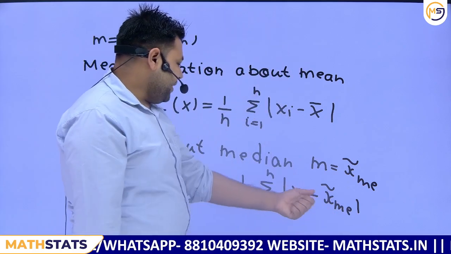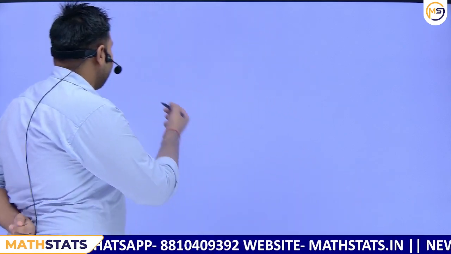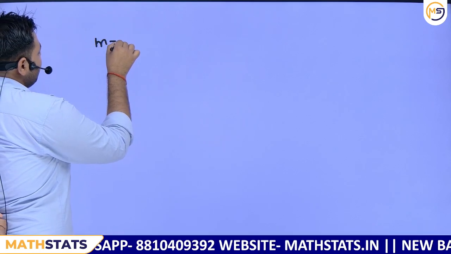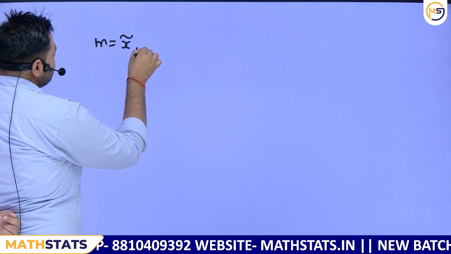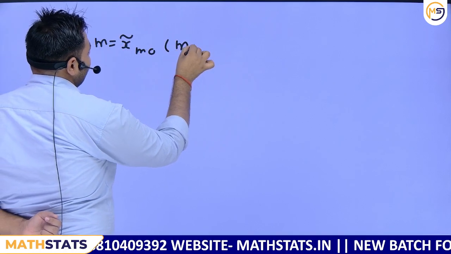So this is xi minus x tilde. Now if I put m equal to x tilde mo, meaning mode, this is mod of xi.